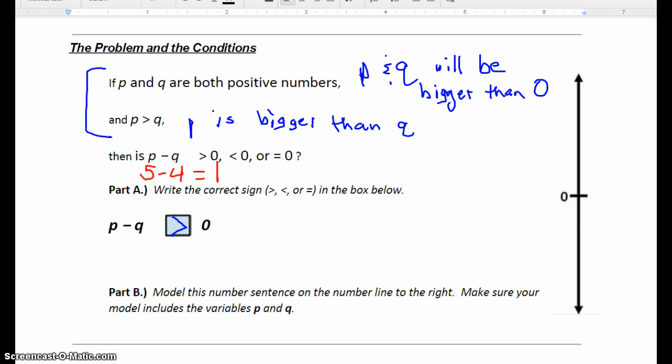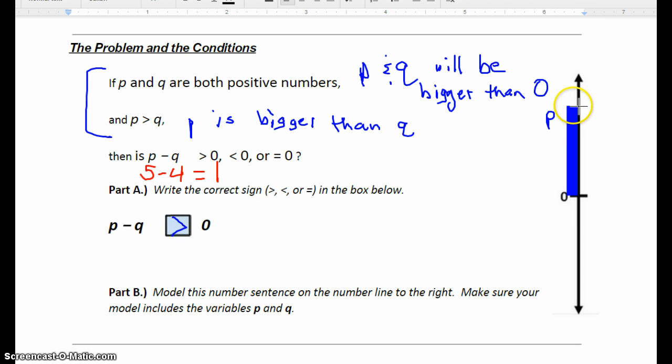So the way I can show this on this vertical number line, up here is positive. All I'm going to do is draw a bar that represents P. There's my number for P. Now we thought of it as 5. So in my head I'm thinking this is 5. What I'm doing is subtracting a smaller number.